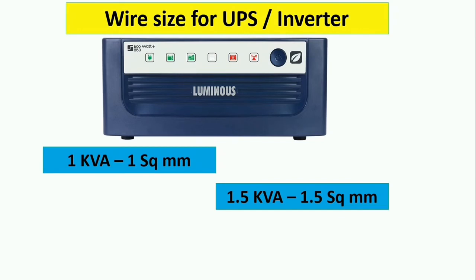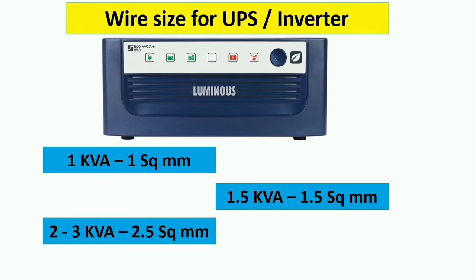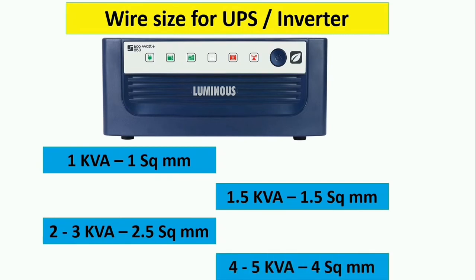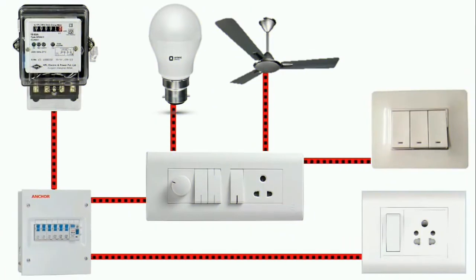But for 2 to 3 kVA, you could actually use a range of 2.5 to 3 millimeters. But most likely, what you get in the market is 2.5 mm. So you could settle for 2.5 mm. But if you're using anything from 4 to about 5 kVA, you want to make sure that you are using something from around 4 mm and above.